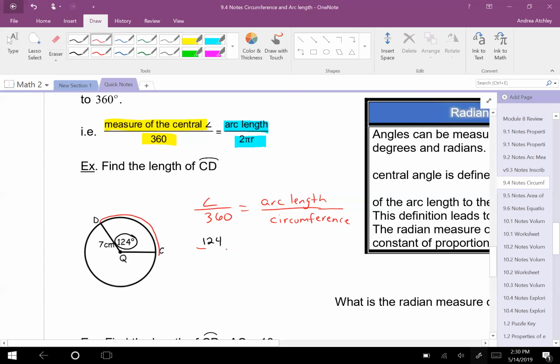It is always over the whole circle, which is 360 degrees. The arc length, that's what I'm looking for, the length of CD, is over the circumference, which is 2 pi times our radius of 7.